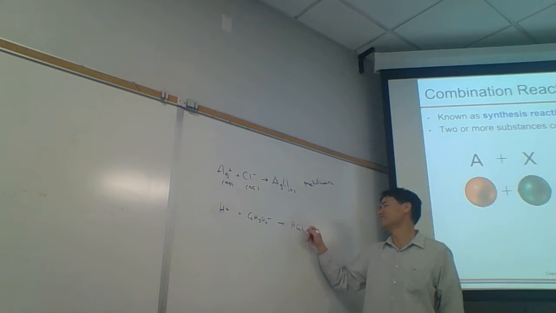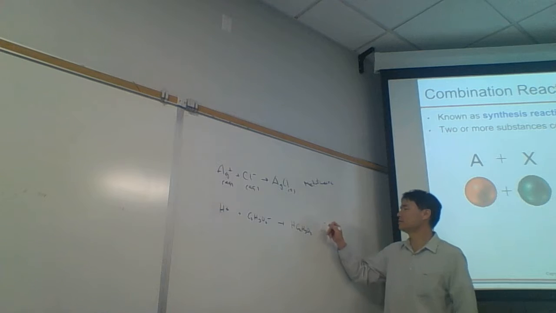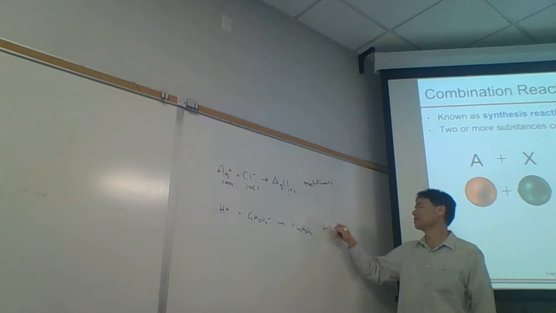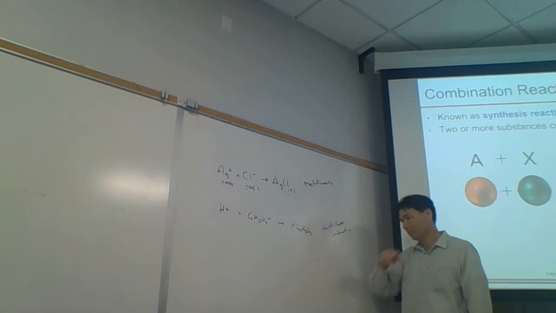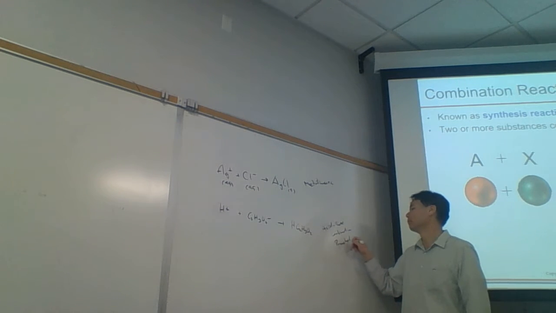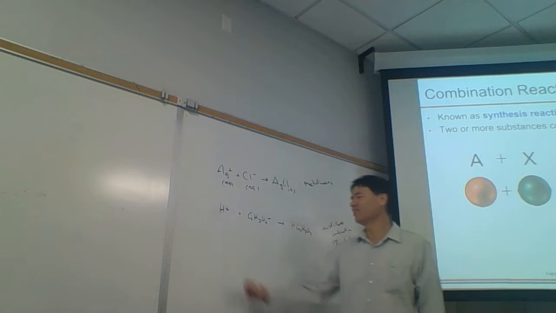What forms is acetic acid. This is what we call an acid-base combination reaction. This one's Bronsted type.